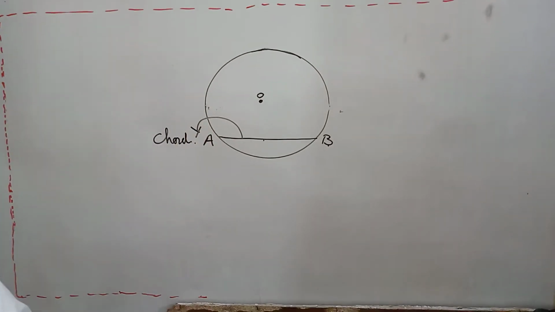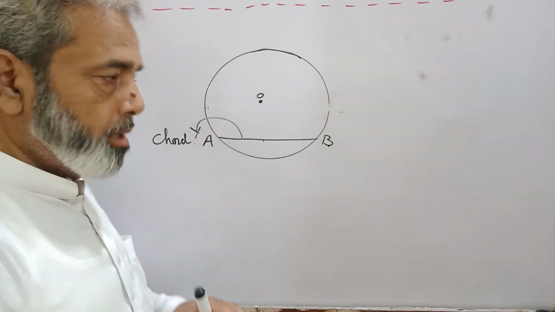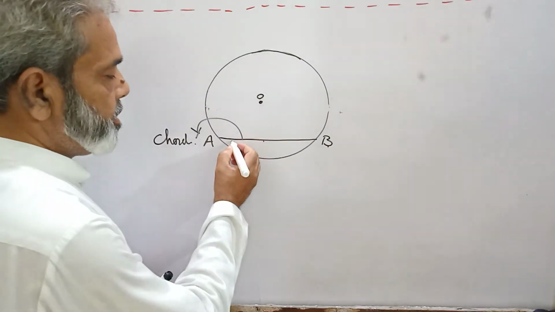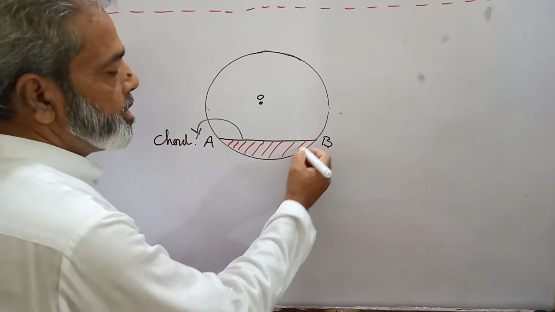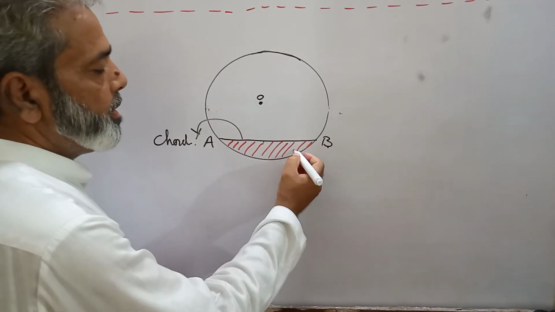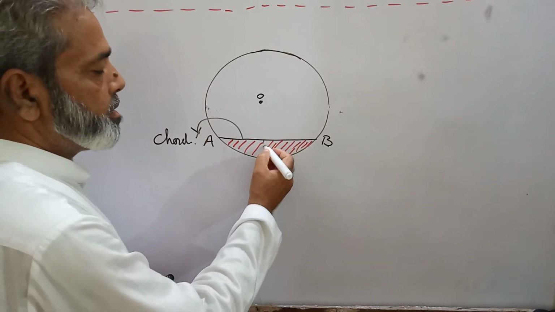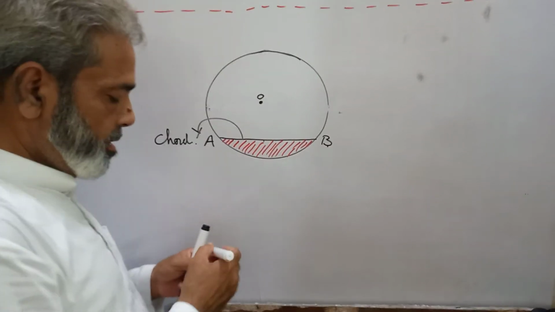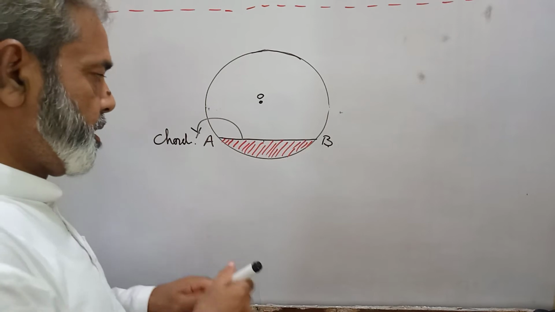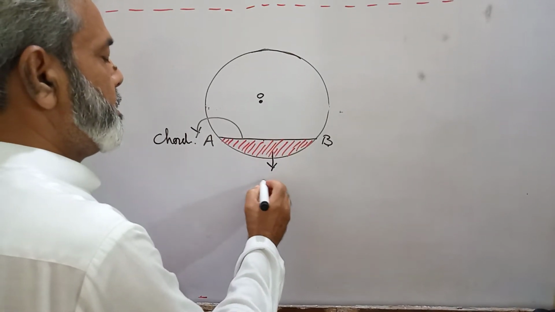Furthermore, there are two types of segments. This is a small segment, so we say this is the minor segment. This red colored part is the minor segment of the circle.